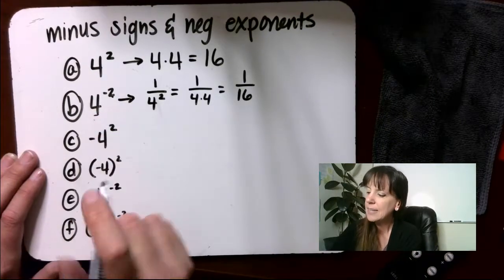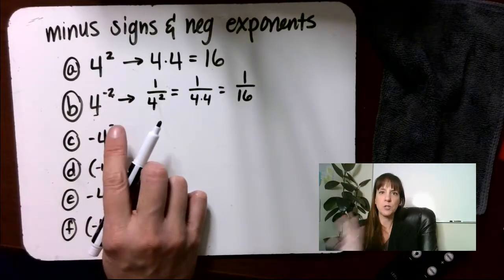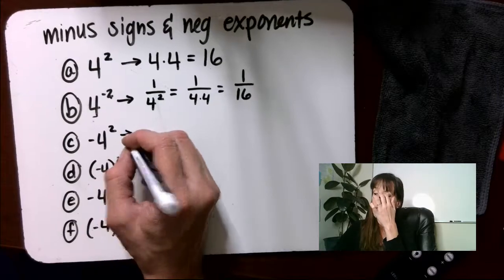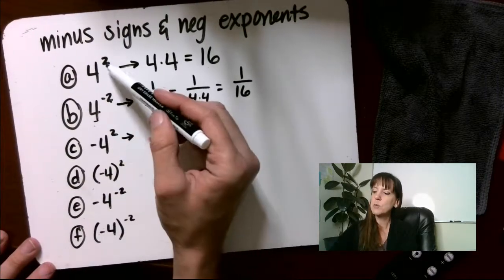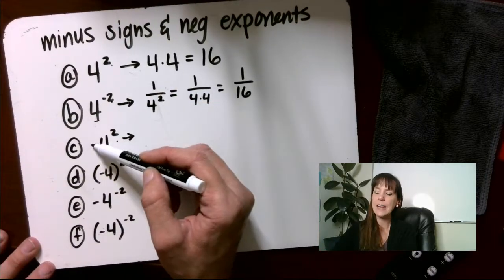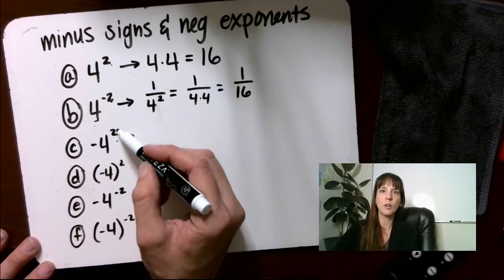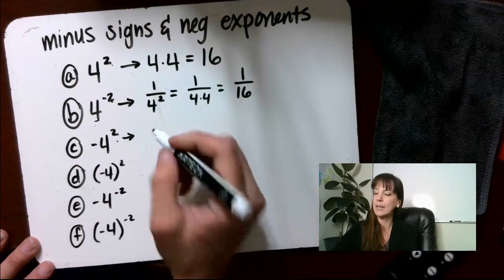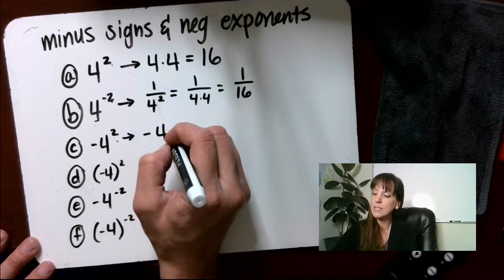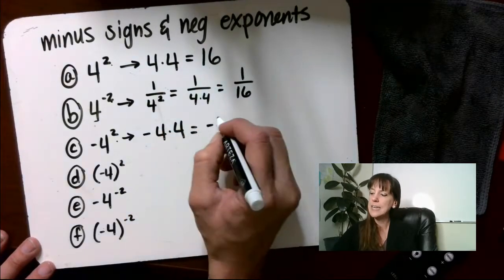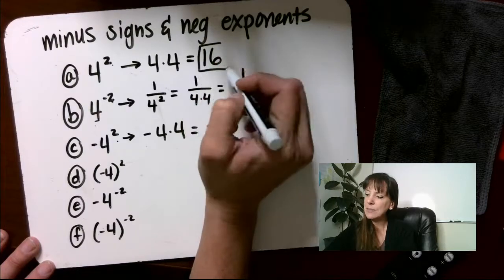So then this one is a positive attitude, so we're not gonna be moving it upstairs or downstairs, but notice the difference between this guy and this guy. The negative is hanging out front. This one, when it's like this, it's like, hey, do all of your exponents first and then slap a negative on it. So this means negative 4 times 4, which equals negative 16. See the difference here?